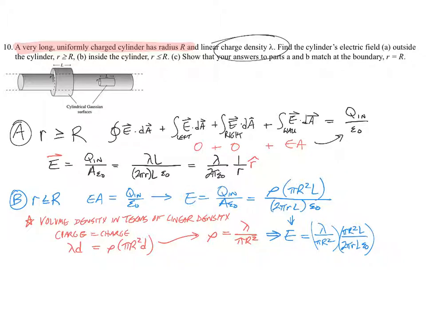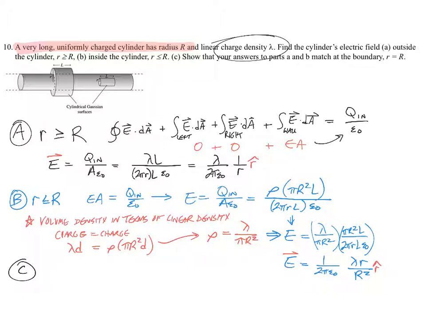And so that means that E will work out to be 1 over 2 pi epsilon naught, lambda little r per R squared. And once again, as a vector, we could put those things on it and we're in business.